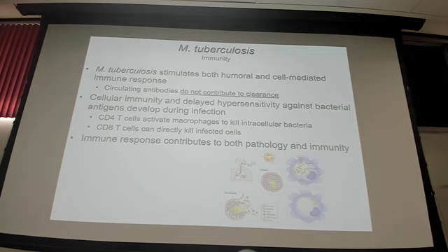Alright, so as I mentioned, you inhale these bacteria, they get into your lungs, you might clear them with your innate immune system, depending on the infectious dose and your own immune status. But if you don't, then the adaptive immune response is going to kick in. What are the two arms of the adaptive immune system, again?